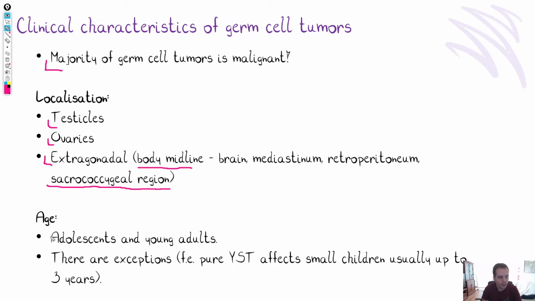The typical age setting is adolescents and young adults. There are some exceptions though. Typical example is yolk sac tumor. Yolk sac tumor is usually a part of mixed germ cell tumors, which we will describe in a minute. But we can also have a pure yolk sac tumor, which is quite rare, and it typically affects very small children up to approximately 2 or 3 years of age.